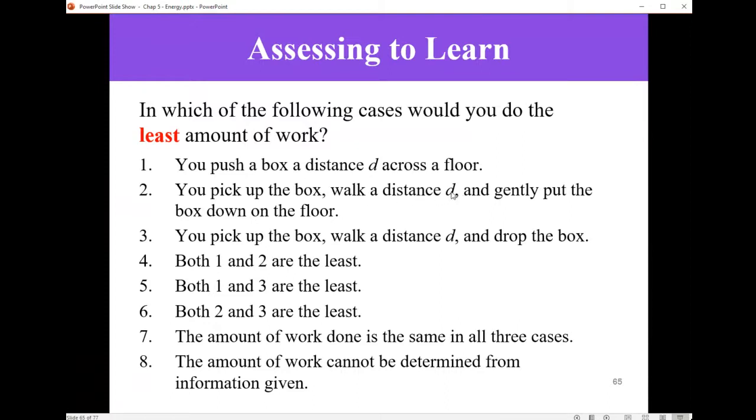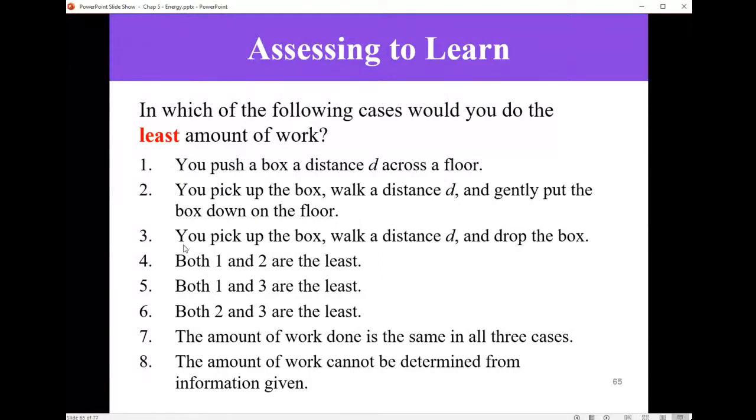Walk a distance d, zero work, because displacement is in the horizontal direction while the force is vertical. Then when you gently put the box down, you are doing negative work equal to the amount of positive work you did earlier. So the total work involved in this second scenario is zero.